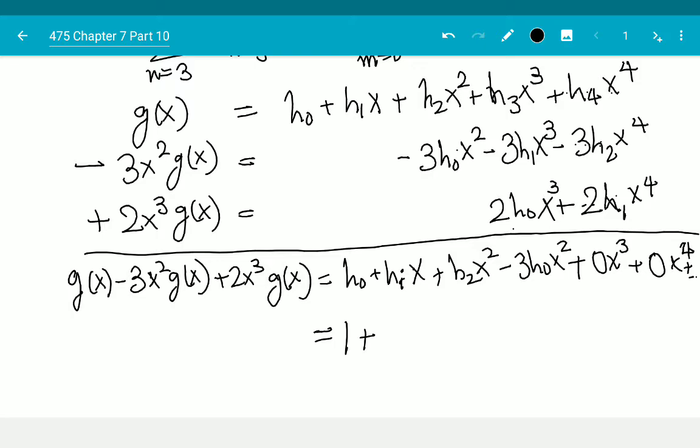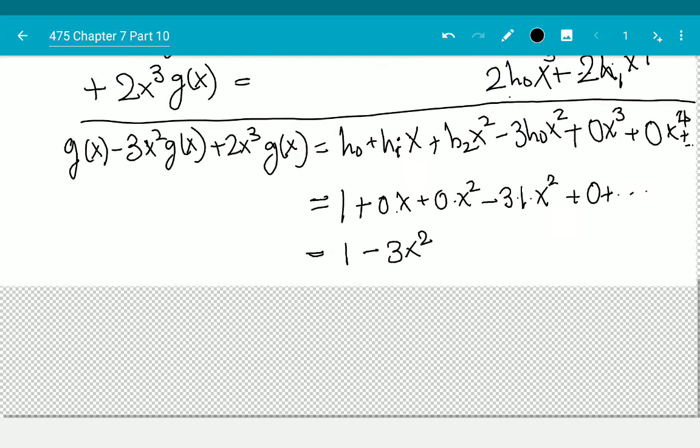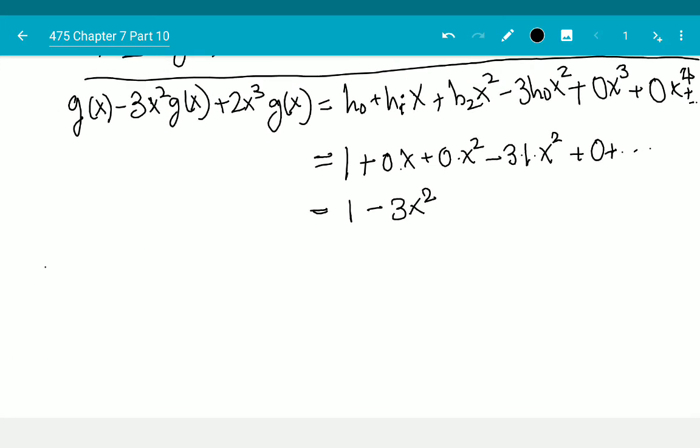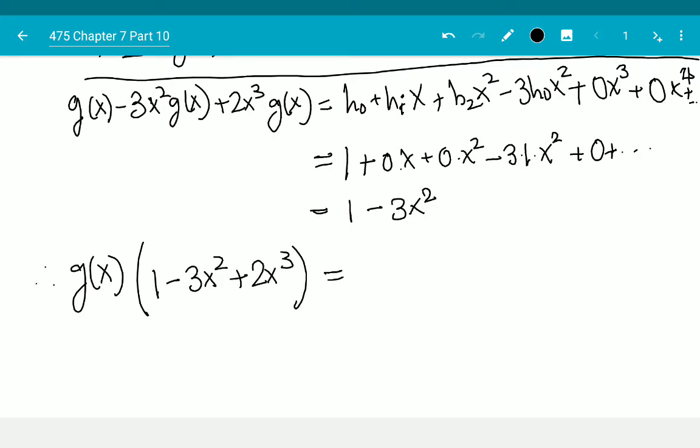So h1 times x is 0 times x plus 0 times x squared minus 3 times 1 times x squared plus 0. And so this becomes 1 minus 3x squared. Therefore, g of x multiplied by 1 minus 3x squared plus 2x cubed is equal to 1 minus 3x squared.